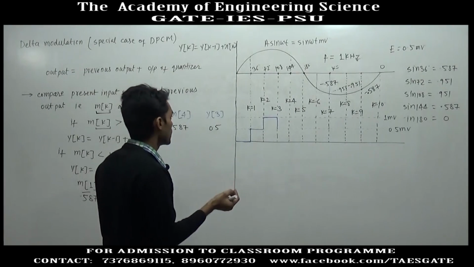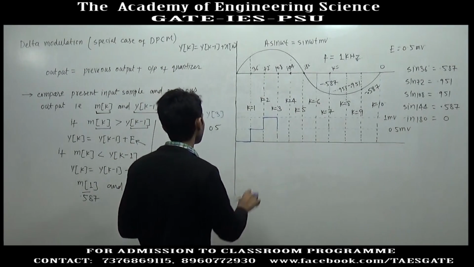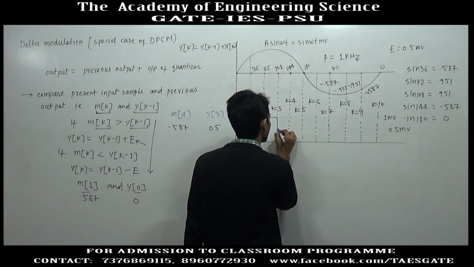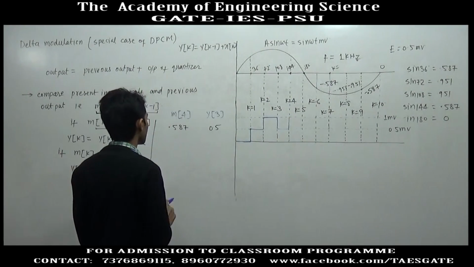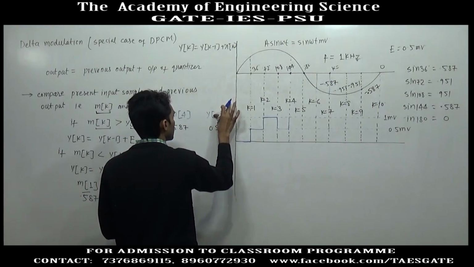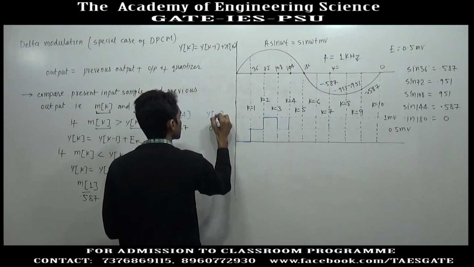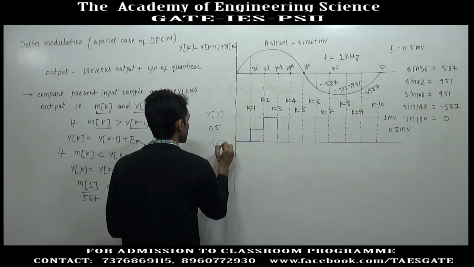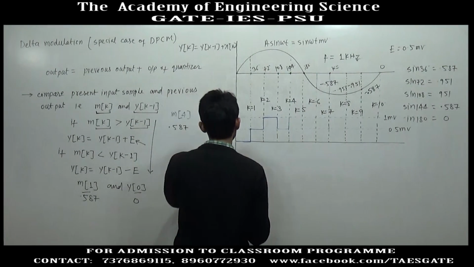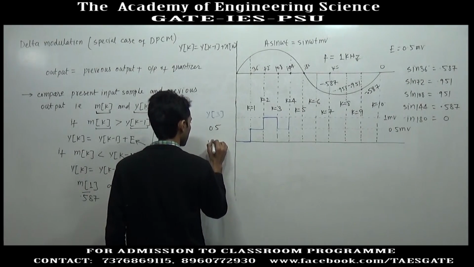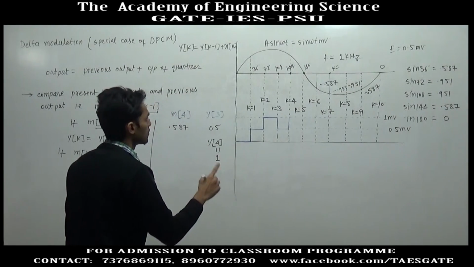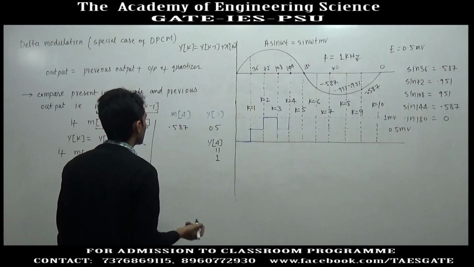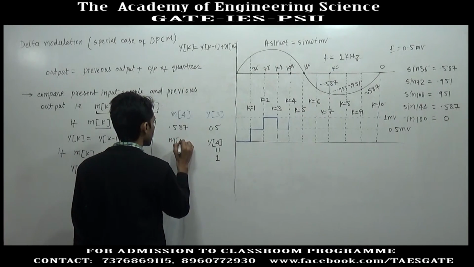So we will add 0.5 to the previous output. So at k equal to 4, 0.5 will be added. So Y4 is equal to 1.